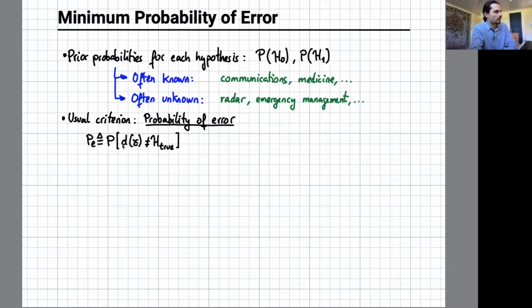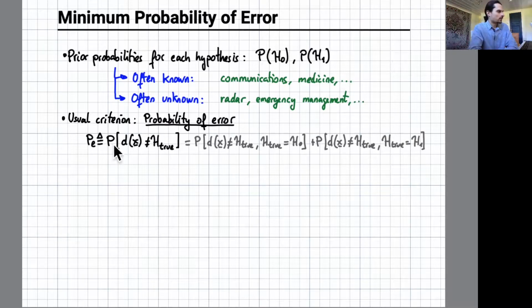So it doesn't matter whether this is H1 and this is H0 or vice versa, right? This is in contrast to the framework for non-Bayesian detection that we saw in the previous lectures.